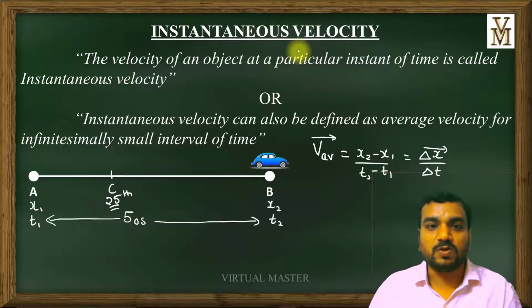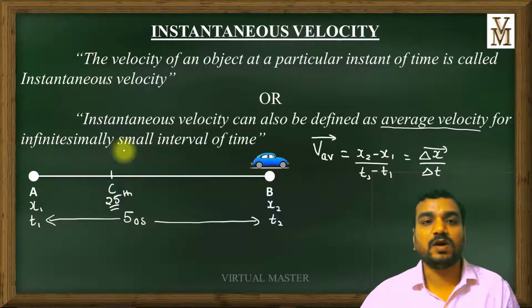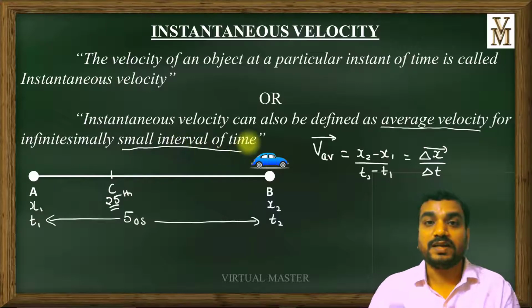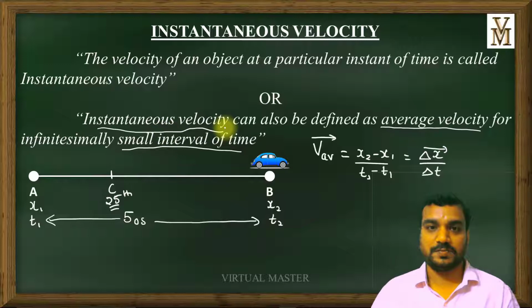For that there is one more definition. Instantaneous velocity can also be defined as average velocity for an infinitesimally small interval of time. That means we have to find the average velocity for a very small interval of time. That average velocity gives us the instantaneous velocity.